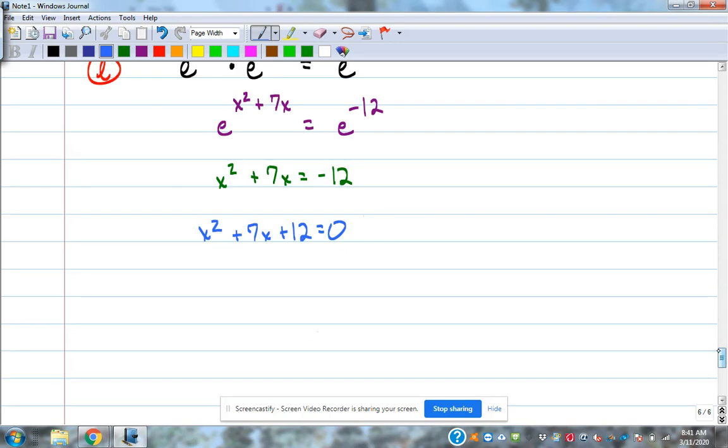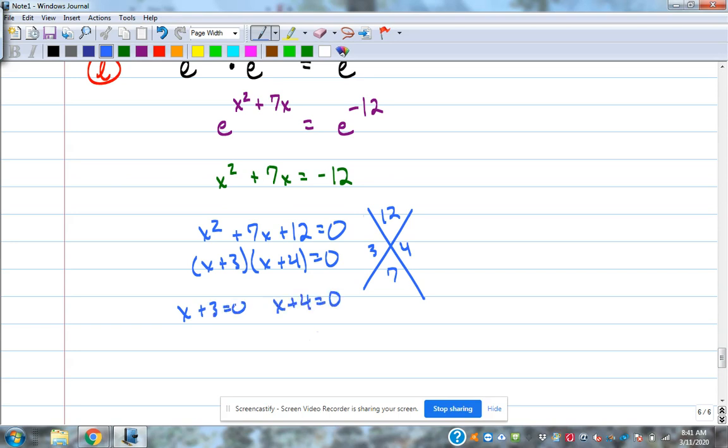And you choose your method. I'm going to factor. 3 and 4. x equals -3, x equals -4.